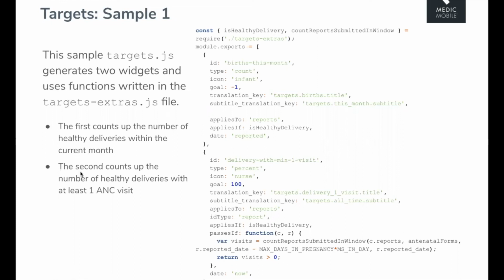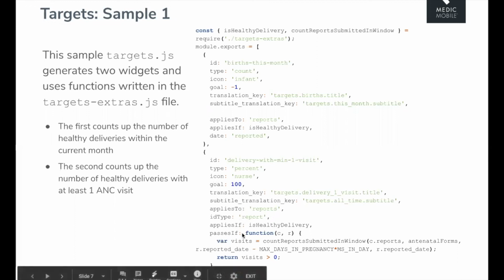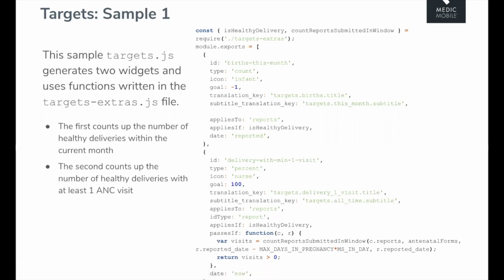Similarly, we have a second target that counts up the number of healthy deliveries with at least one ANC visit. And the difference here, you can see the goal is 100. So this will have a goal of 100. And you also see passes if, which is a certain condition for checking for each of these reports, does it meet this condition?